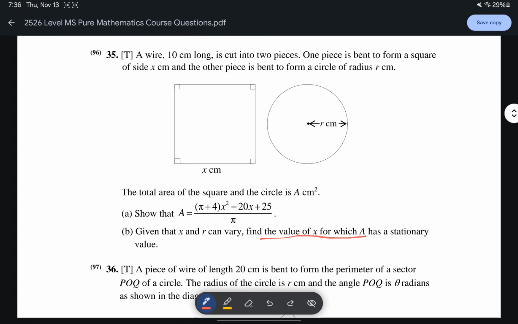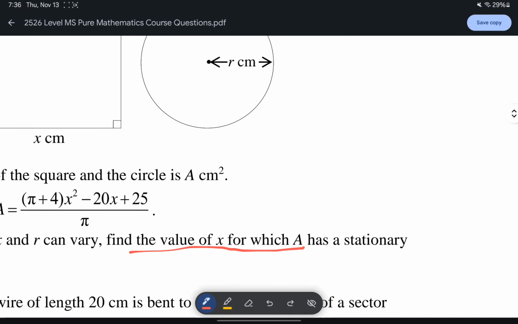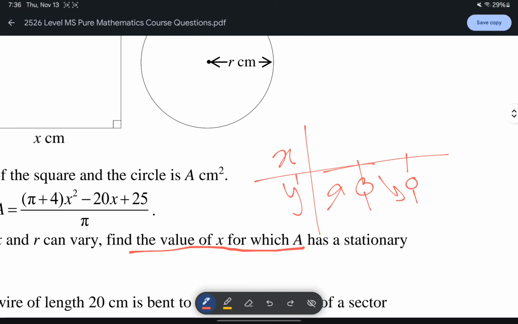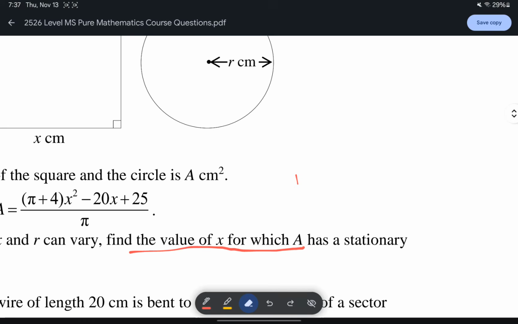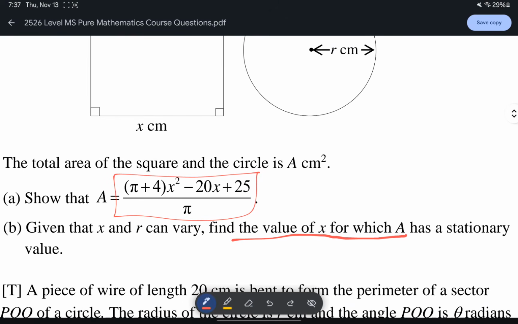They're asking for the stationary value, meaning we need to differentiate and equate to 0. Remember the table where you do this and then get increasing, decreasing, and so on. That's the table they want. So we'll take this equation and differentiate it.